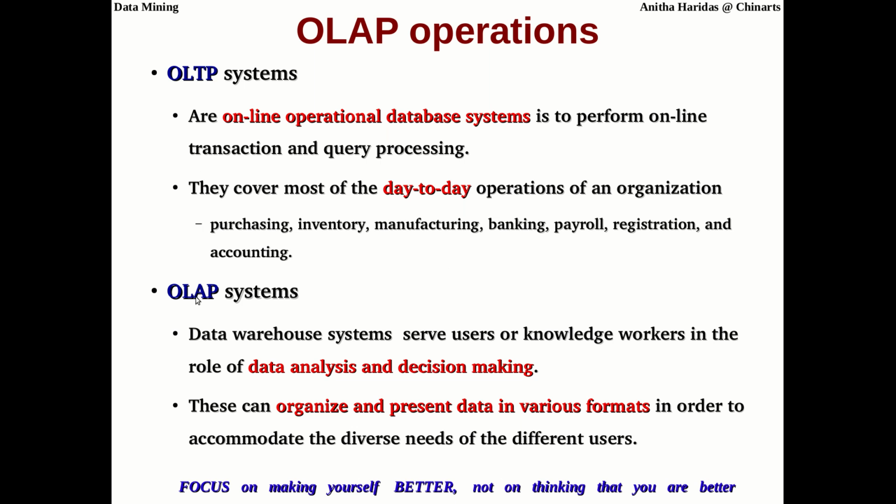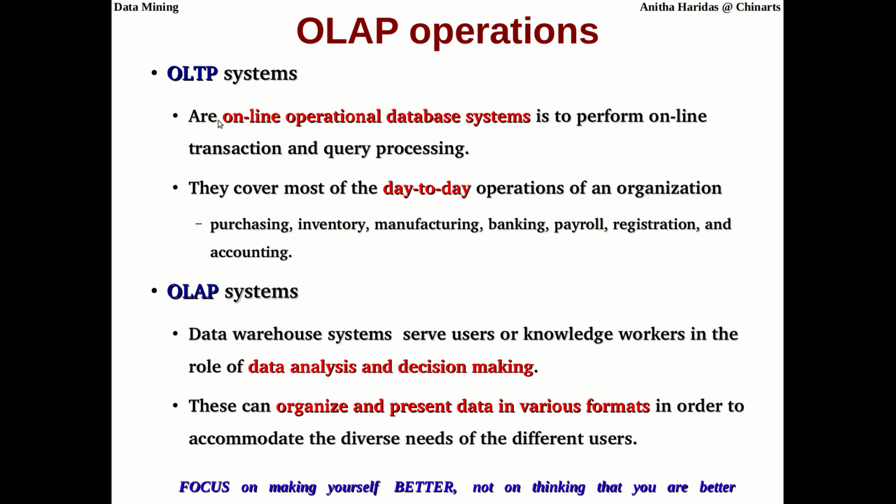Whereas OLAP systems are the systems that serve users or knowledge workers in the role of data analysis and decision making. So that is the main difference between OLAP and OLTP. OLTP is used for transaction and query processing, so the daily transactions will be recorded by the OLTP systems.